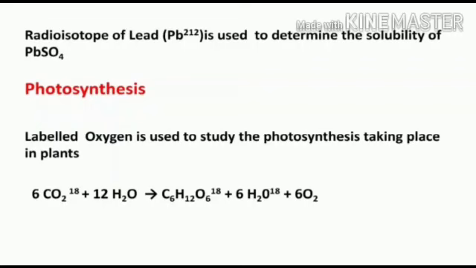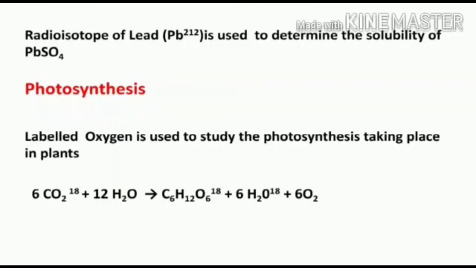The photosynthesis taking place in the plant can be studied by reacting carbon dioxide containing labeled oxygen, oxygen 18, with water. In this process, the green plant takes up carbon dioxide and water in the presence of sunlight and chlorophyll to form starch, giving out oxygen gas.